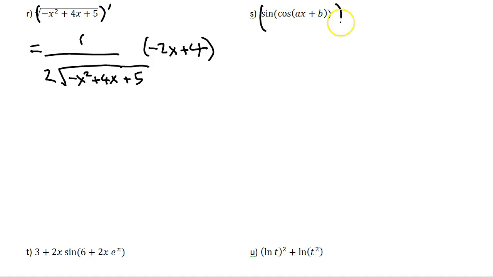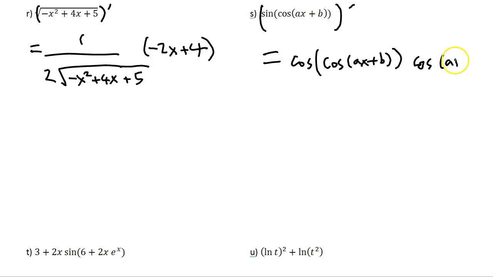Okay, if you differentiate this, sine of cosine is an inside function. Sine differentiates to cosine. And this inside function has to be pulled out and differentiated.